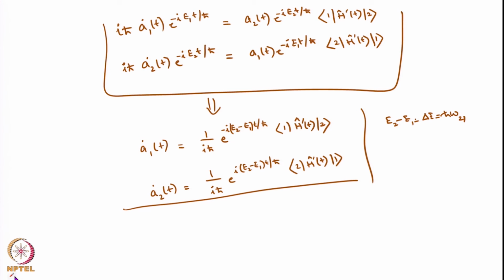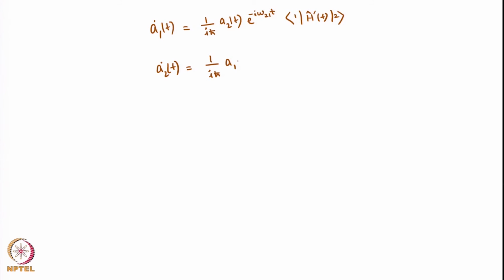What you finally end up with are the following equations: A1 dot t equals 1 over i h bar A2 t e to the power of minus i omega 21 t <1|H prime of t|2>, and A2 dot t is equal to 1 over i h bar A1 of t e to the power of i omega 21 t <2|H prime of t|1>.